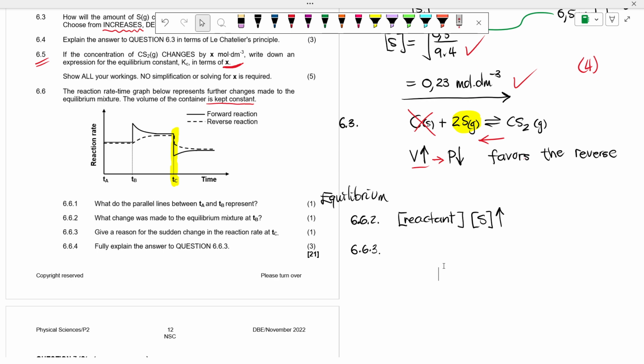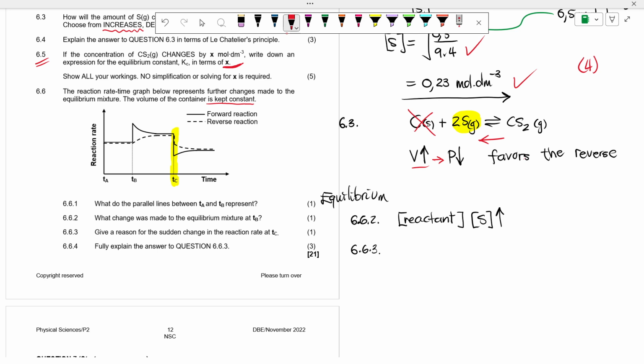Does the reaction rate increase or decrease if we increase temperature? An increase in temperature increases the rate of reaction.